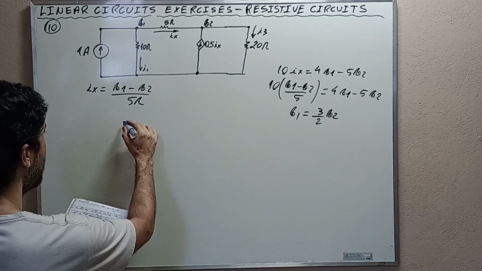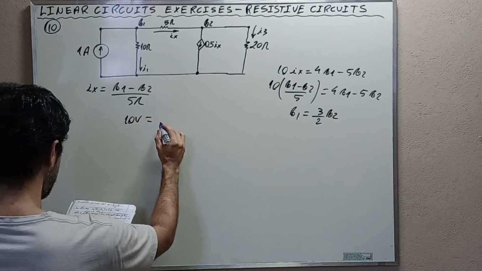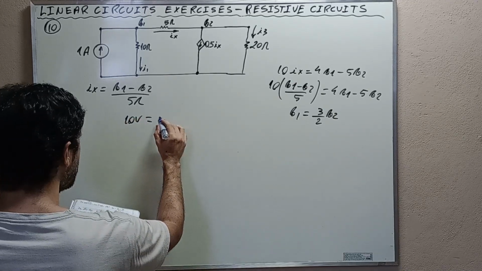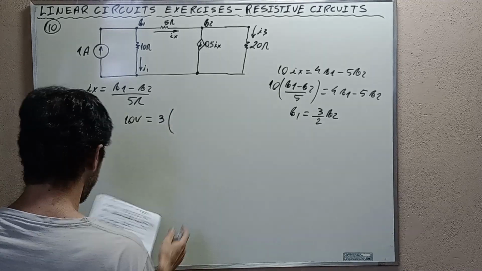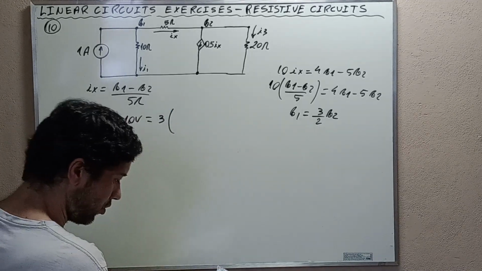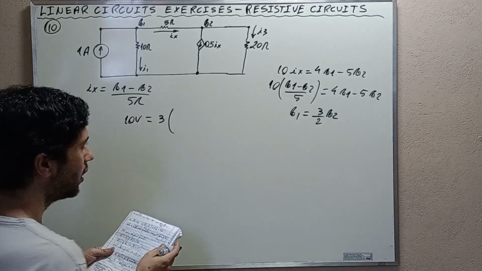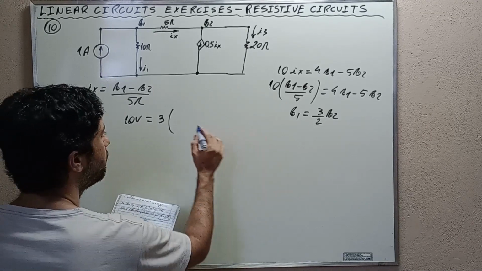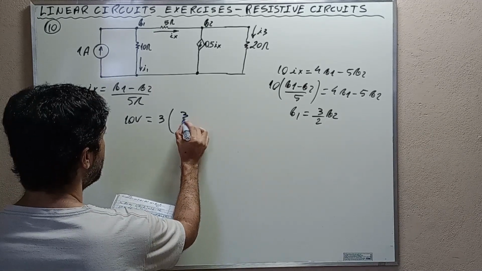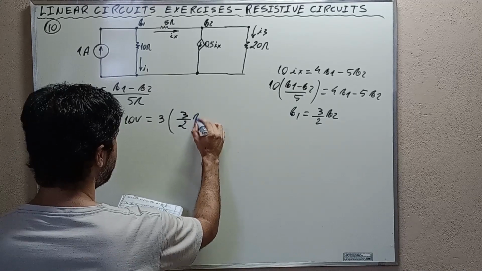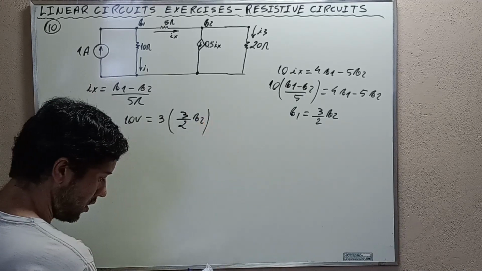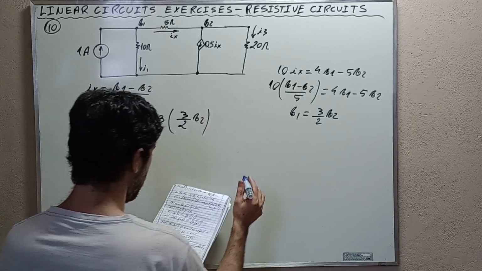Then the equation is 10 volts is equal to 3 times V1, but V1 is 3/2 of V2, minus 2 times V2.